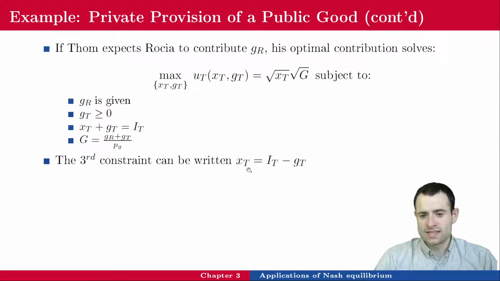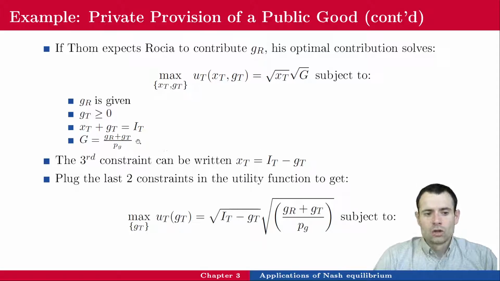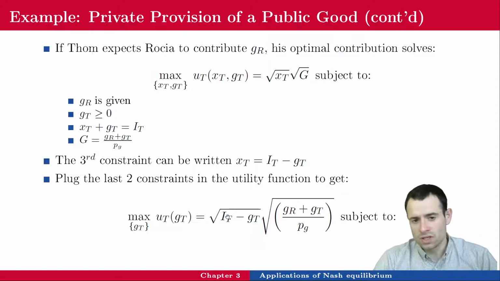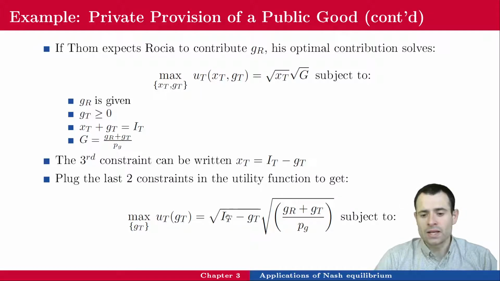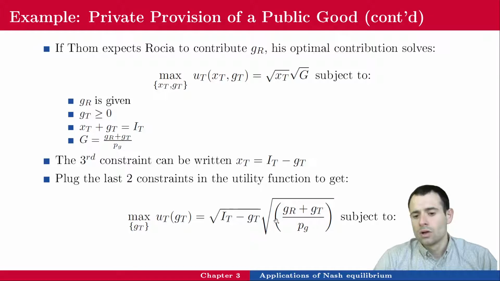I replace xt by IT minus GT. The last constraint as well, I plug the last constraint into my big G here. And my utility function, Tom's utility function, now only depends on his own contribution. And the contribution of Rosia is taken as a constant.